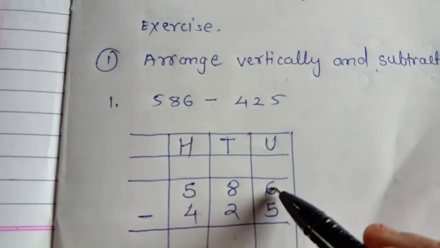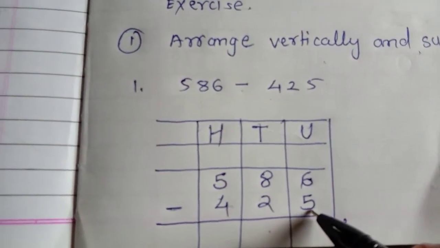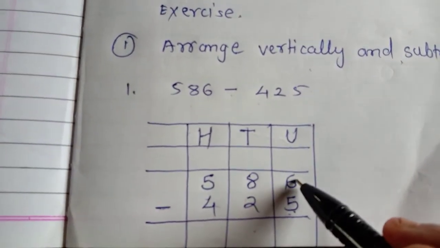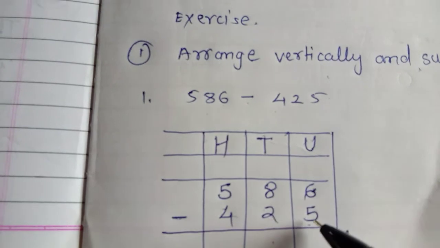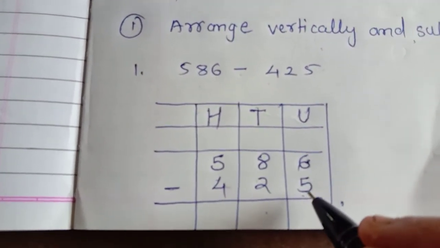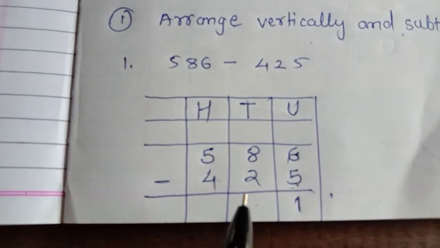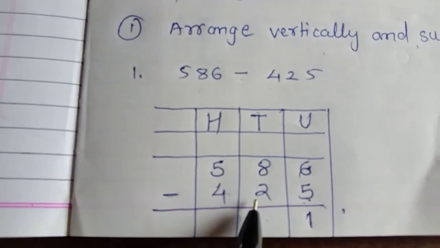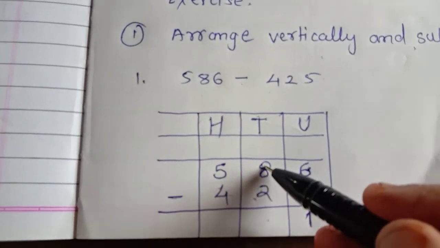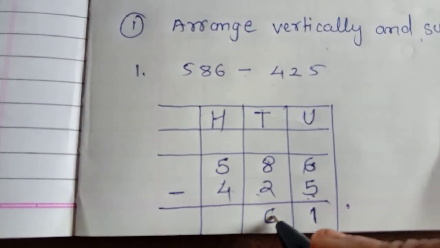Look here, 6 units minus 5 units. Let us subtract 5 units from the 6. You will do 6 minus 5, so 6 is a bigger number. You can easily subtract 5 units from the 6. That is 6 minus 5 is 1. Next, 8 minus 2. Here also you can easily subtract 2 from the 8 tens. 8 minus 2, that is 6.